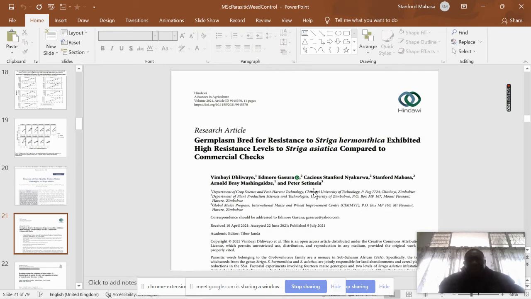In fact, some germplasm with ZD05 was obtained from IITA, and some lines were obtained from CIMMYT, and at UZ some crosses were made by Professor Gasura.